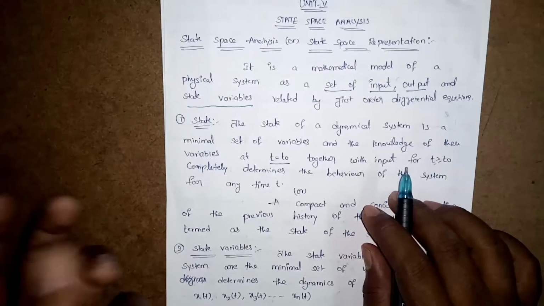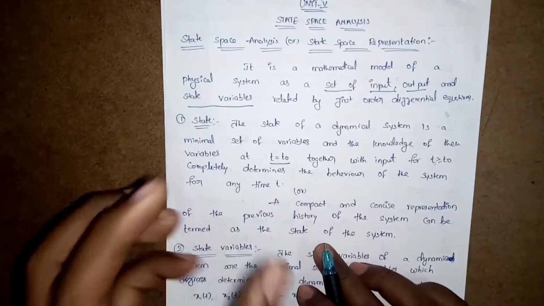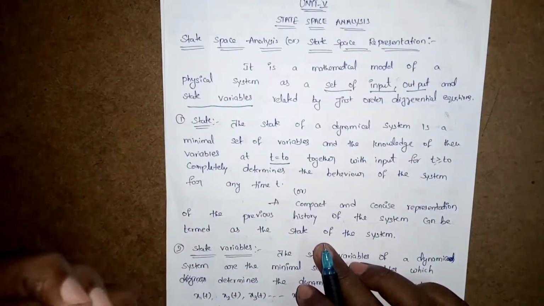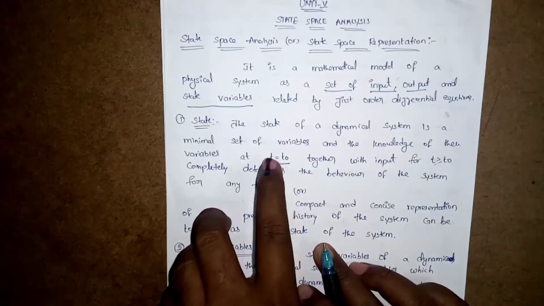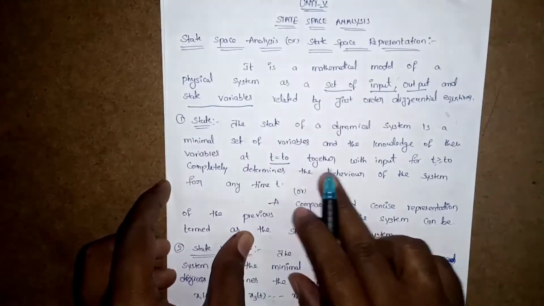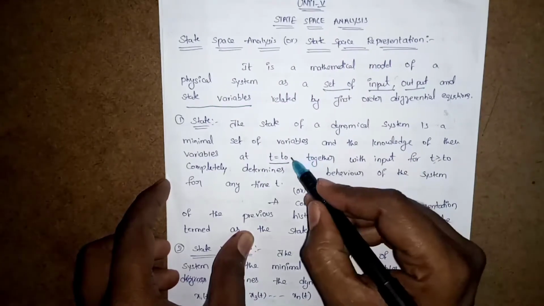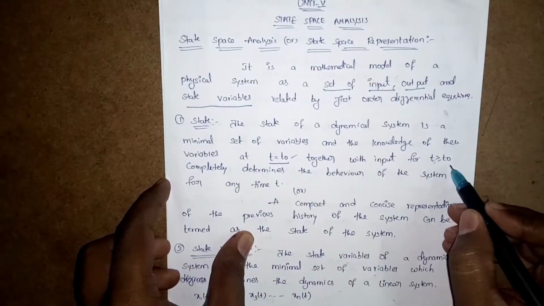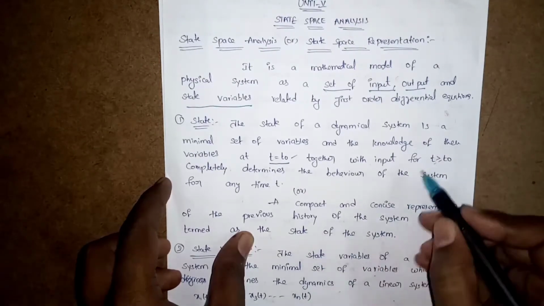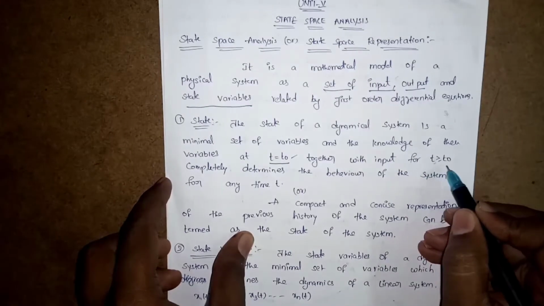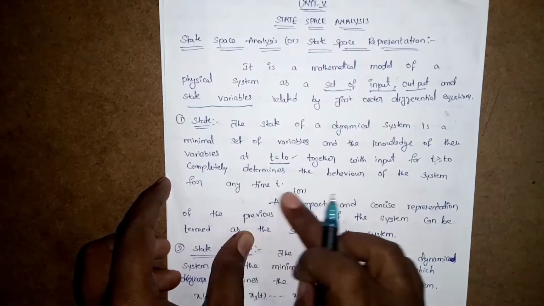That means with the knowledge of these variables at t equals t naught, the initial condition, together with the input for t greater than or equal to t naught, it completely determines the behavior of the system for any time t. Because t naught is the initial condition, t greater than t naught is the input.